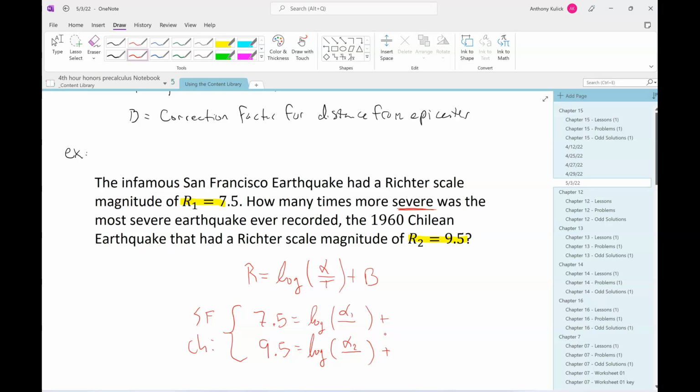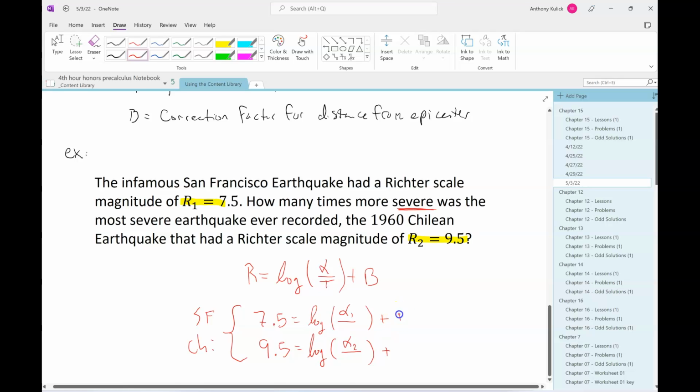So one of two things could happen. Either those were measured at the epicenter, so the B value is 0, or they were not, in which case the correction factor for B was already applied. So we can assume that the B values were either 0 or just identical. Does that make sense?